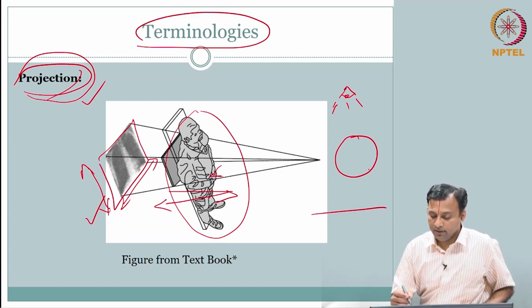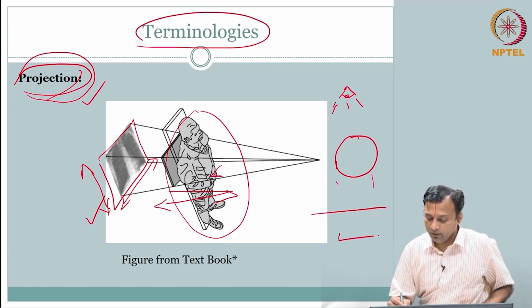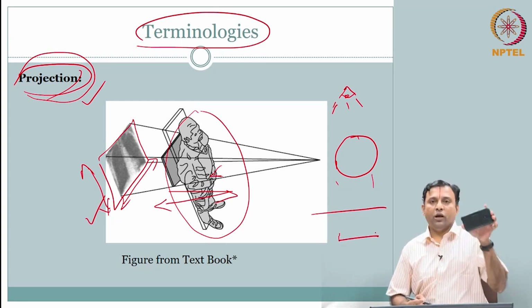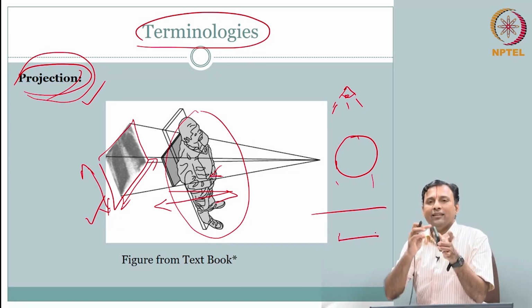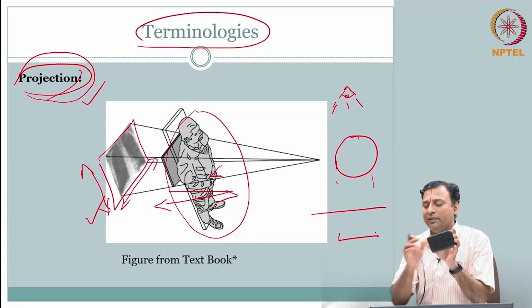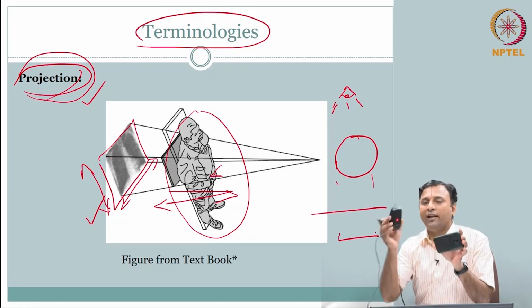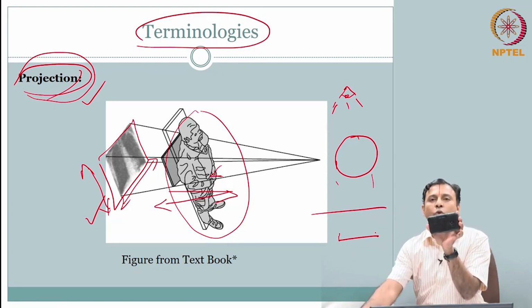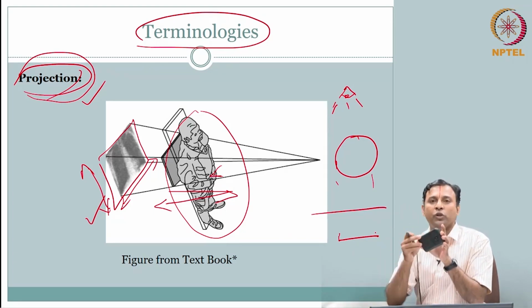Well, you are going to see only a line, right. So, this object, if you take, it has some thickness, but let us say it is very much smaller than the thickness of this mouse. So, I will say this is a 2D object, it is not a 3D object.